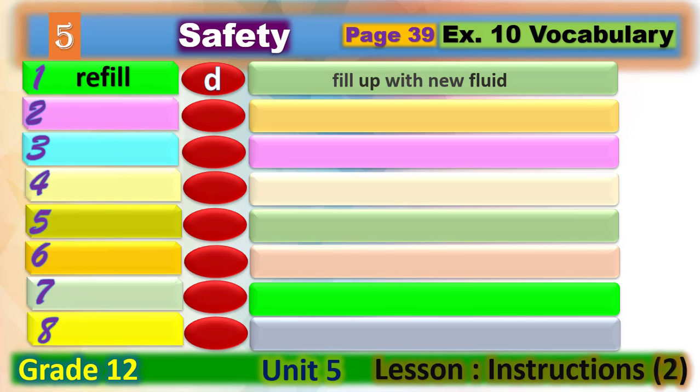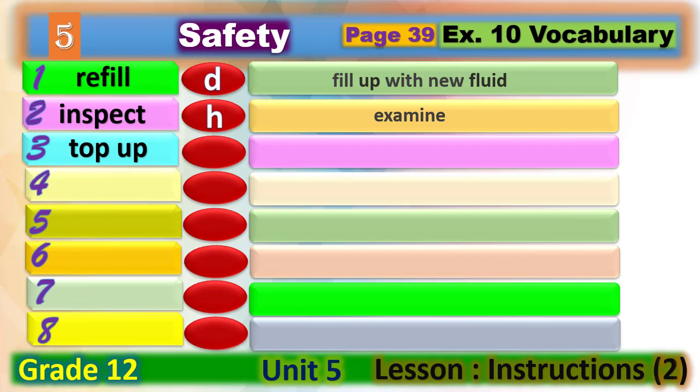Now, your job is to do the rest of the exercise, and when you finish, play the video again to check your answer. Welcome back. Now let's check your answer. The word inspect. Good. H. Examine. Inspect means examine. Top up.